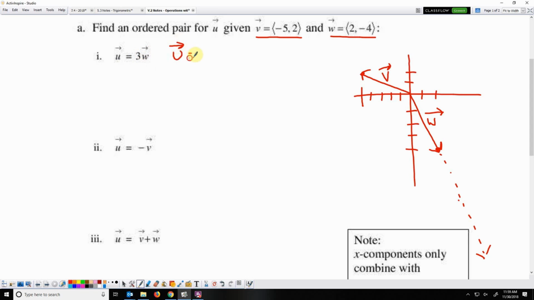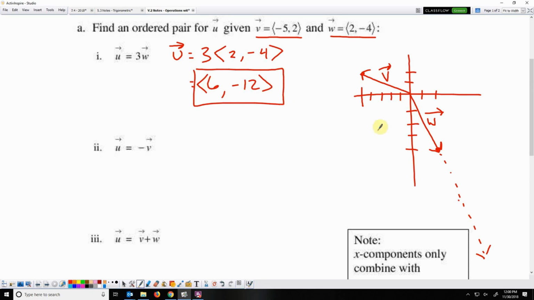So 3 times vector w algebraically looks like this. Vector u is 3 times vector w. 3 times 2 is 6. 3 times -4 is -12. So this is this vector, 3 times vector w.